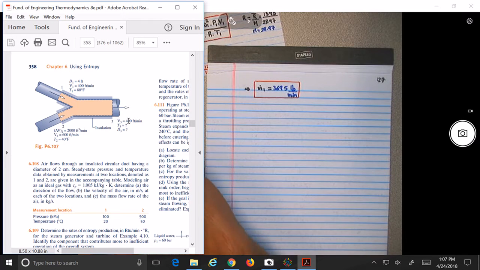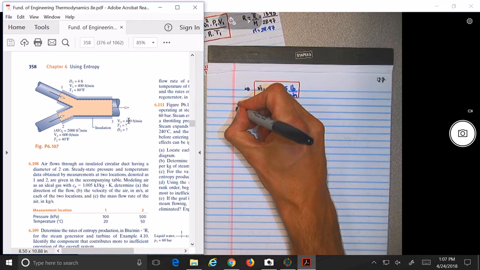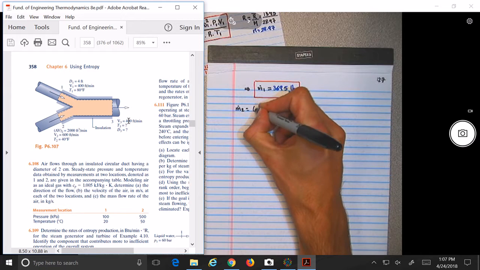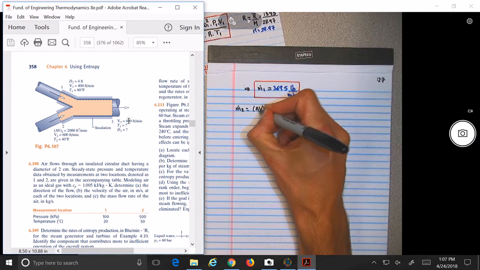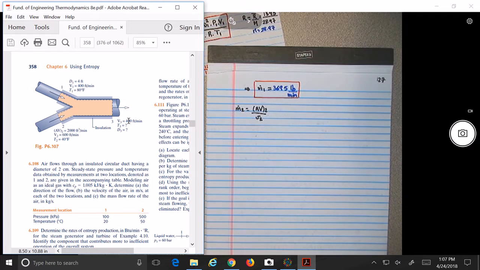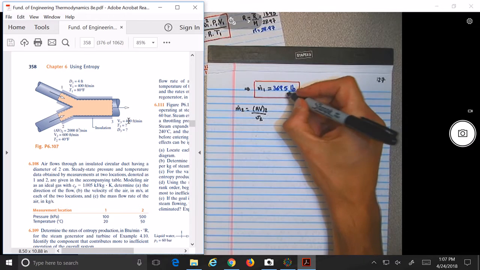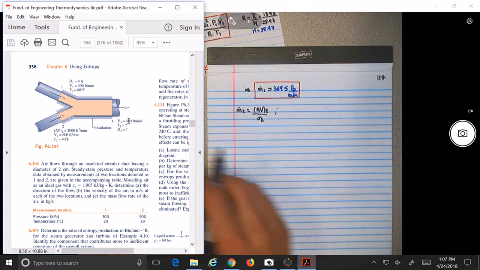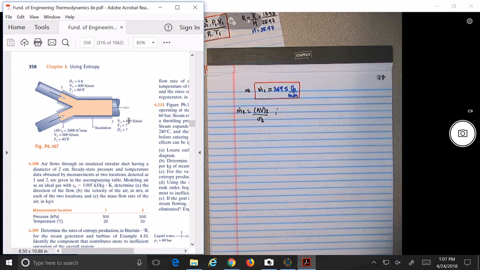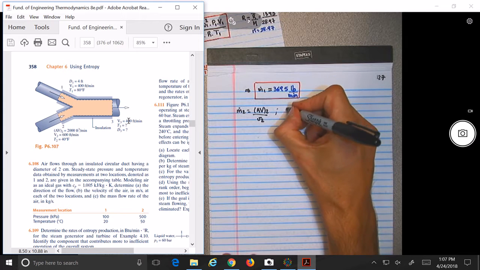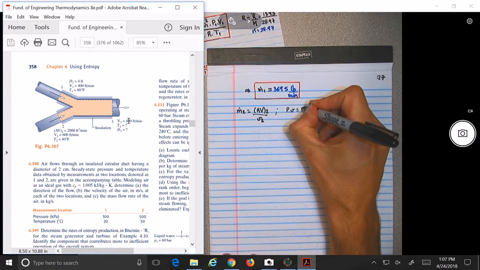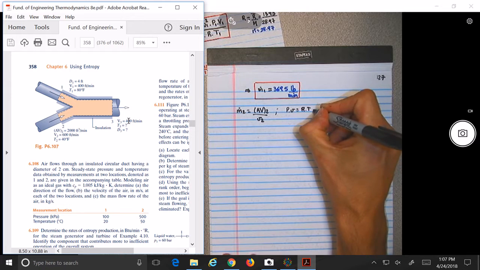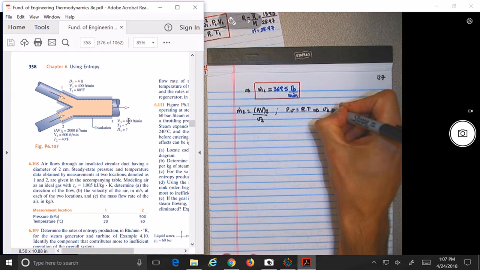So now, let's see. What will be the mass flow 2? It is A V2 divided by v2. So that one should be a little bit easier, because A V2 is given to us, as you see on the figure. And if we use PV equals RT, we have that v2 will be equal to what?